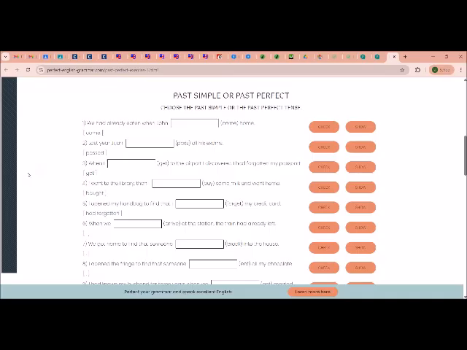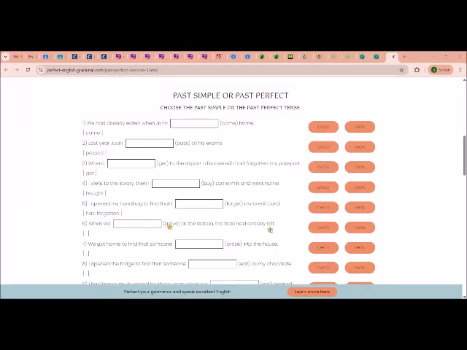Which one happens first? Was it the arrive or was it the train leaving? The train had left. And next, we arrived. This is going to be the simple past action. All right? Remember your timeline.